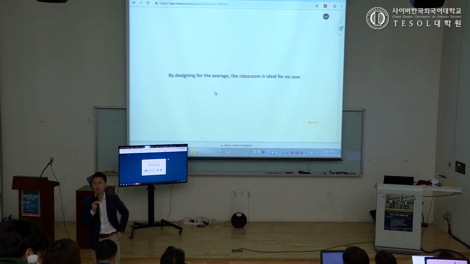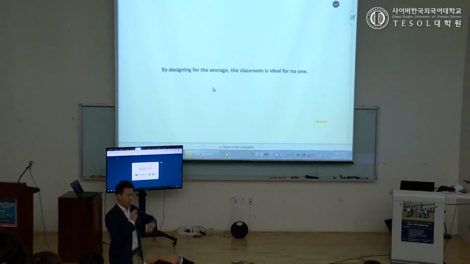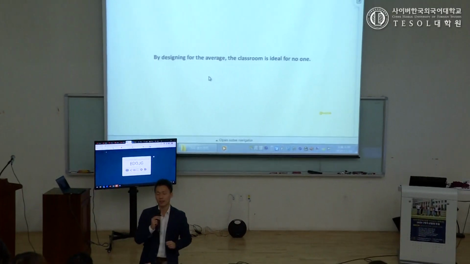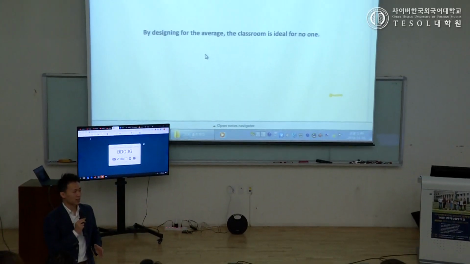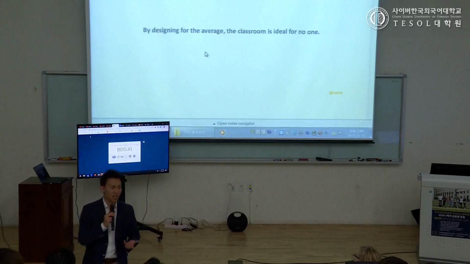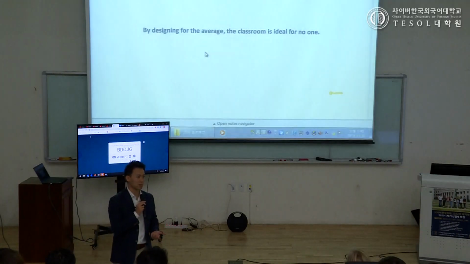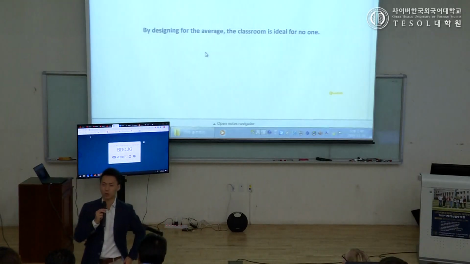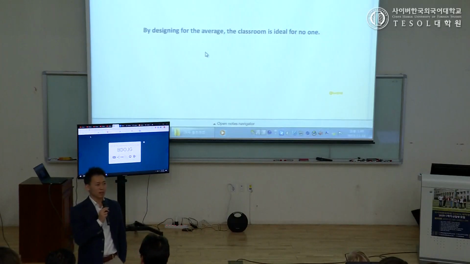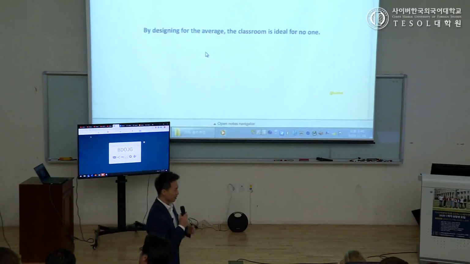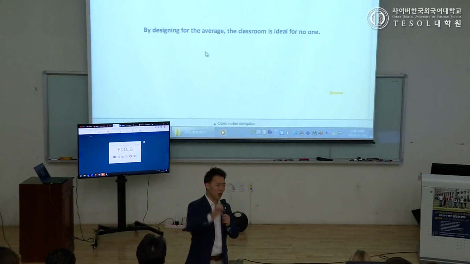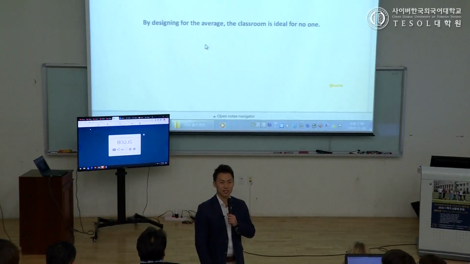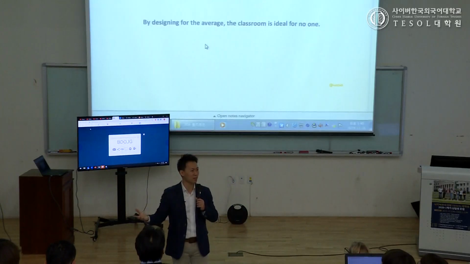If you design a classroom for the average, you're really designing a classroom for nobody. This is the argument that Todd Rose was making. In the average classroom, all students sit like this, and the teacher gives all students the same thing, because all students are the same.